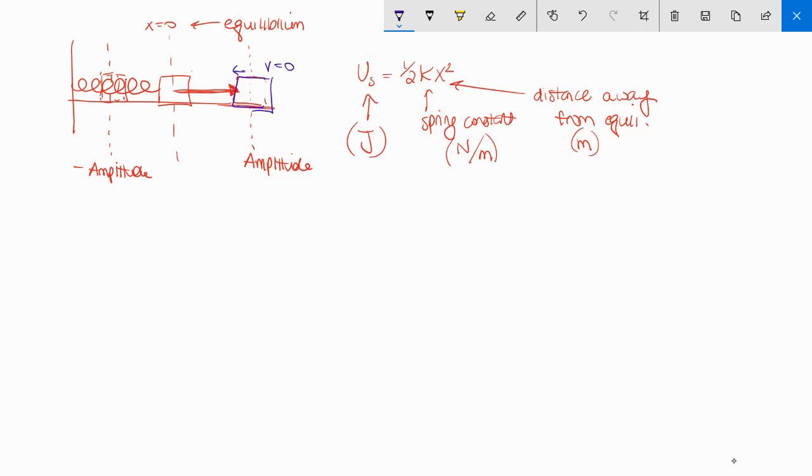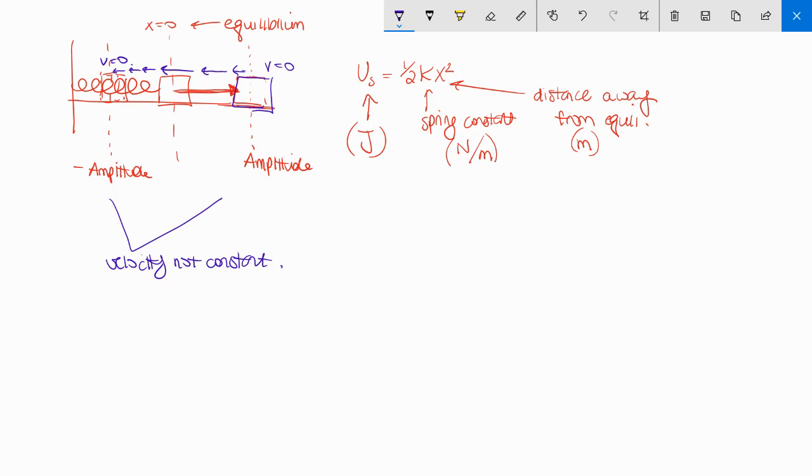It's going to get faster and faster and faster. And then it's going to slow down again until it reaches the negative amplitude, and velocity again is equal to 0. Okay, so it's important to understand that your velocity is obviously not constant.